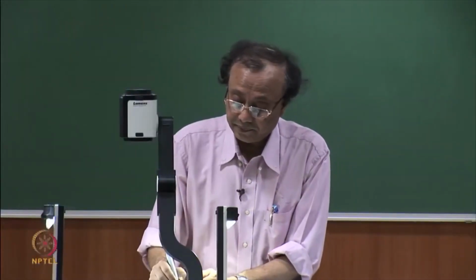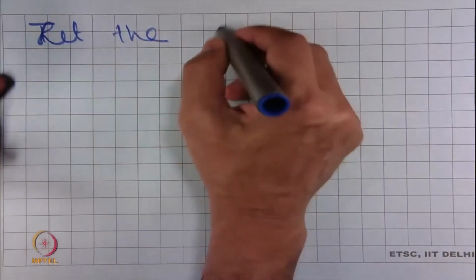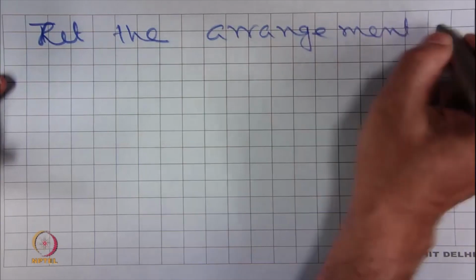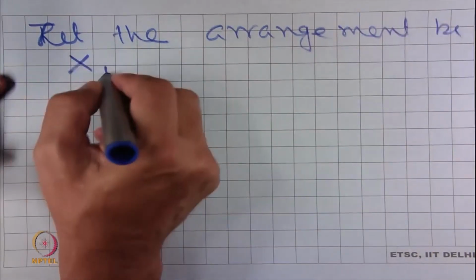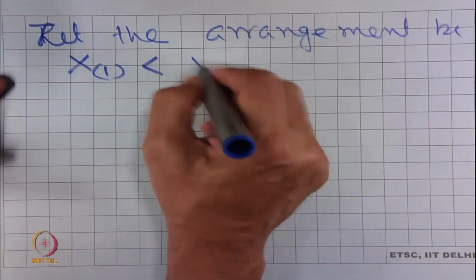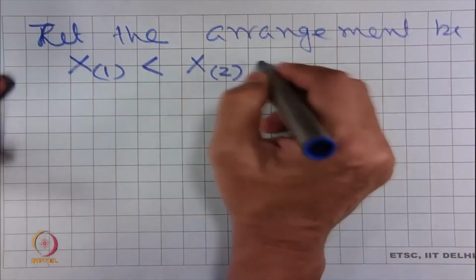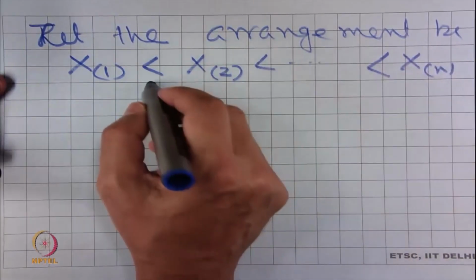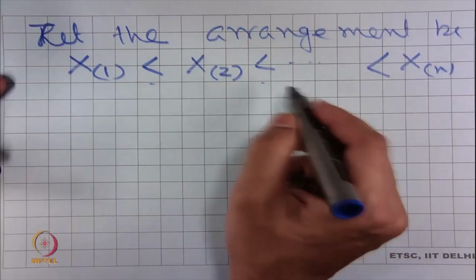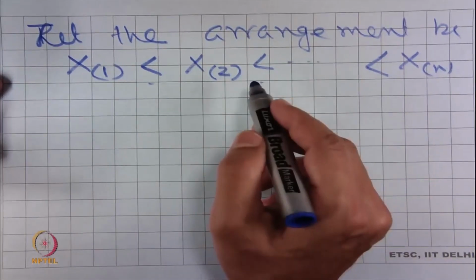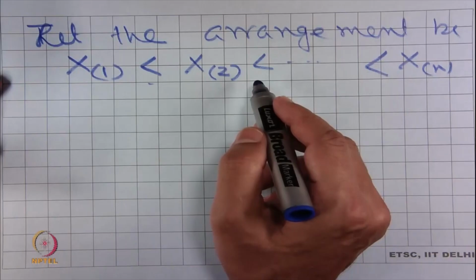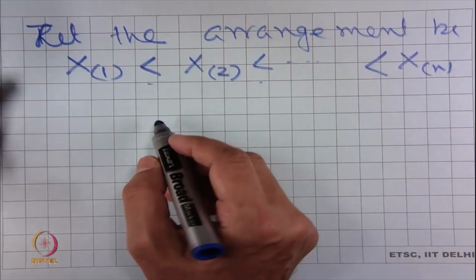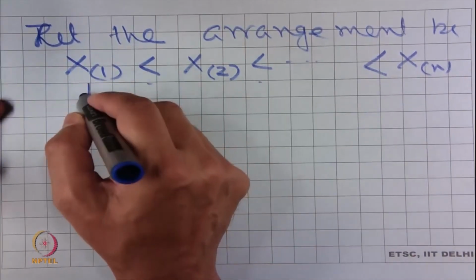Let the arrangement be x subscript bracket 1 strictly less than x bracket 2 and so on up to x bracket n. I am using strictly less than, because we assume that two sample values cannot be equal, that probability is 0. Therefore, we can get a relative order of the sample. So, what is x bracket 1?